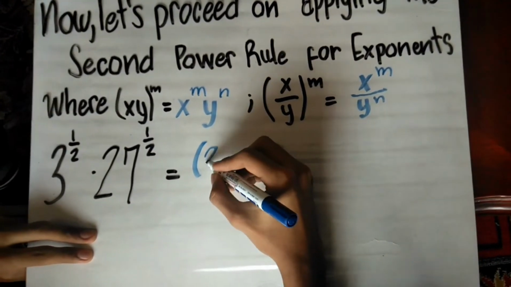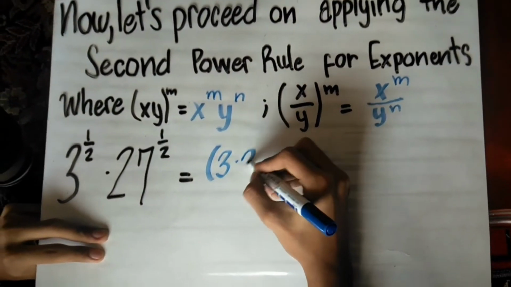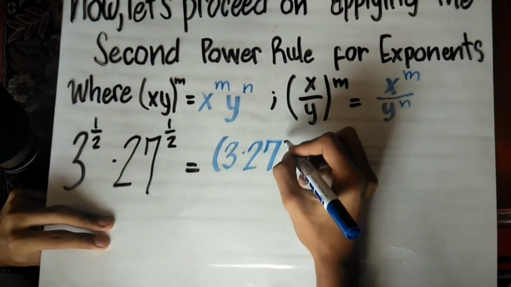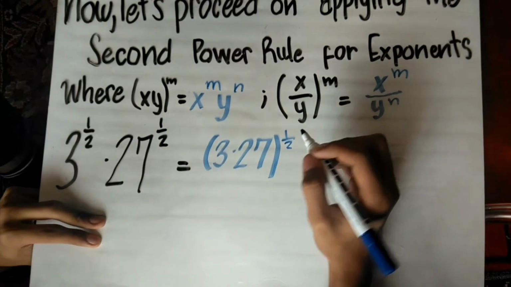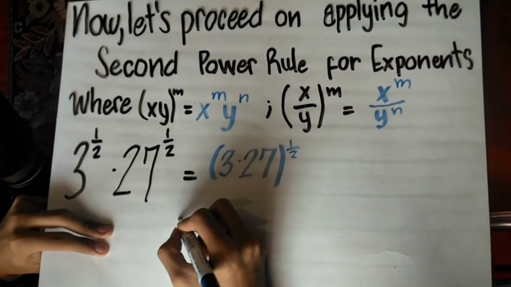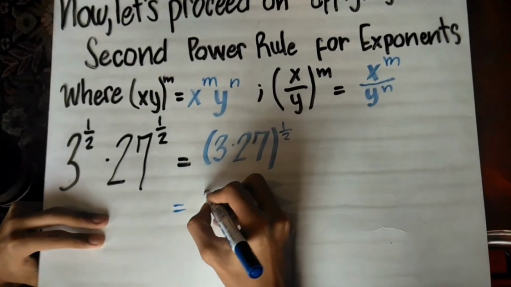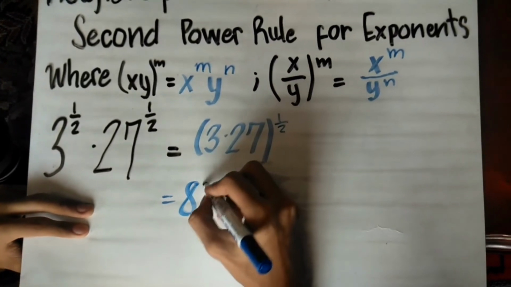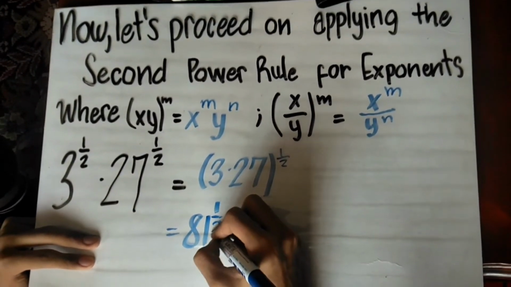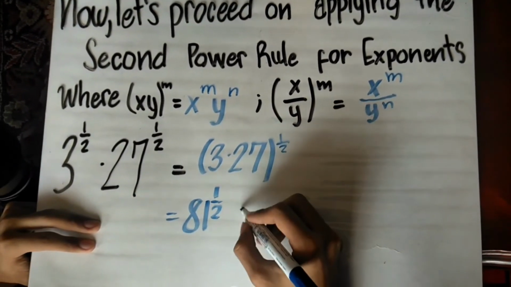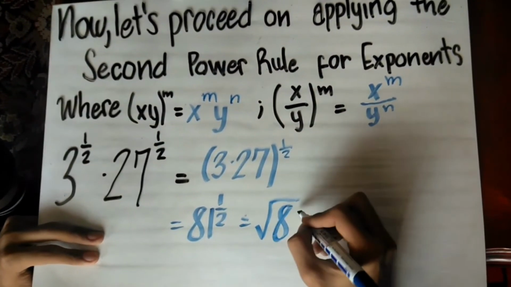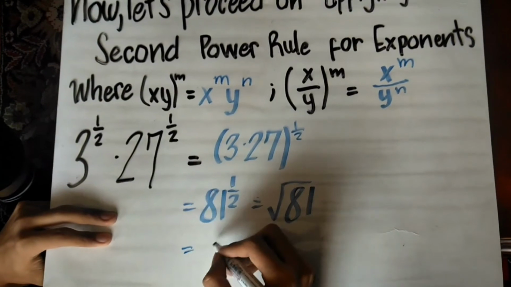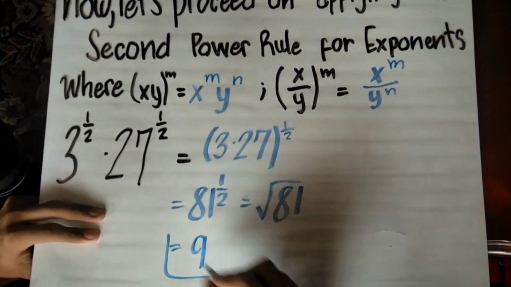First, let's put 3 times 27 inside the parentheses. Then, raise it to 1 over 2. 3 times 27 is equal to 81 raised to 1 over 2, which is equal to the square root of 81. The square root of 81 is equal to 9.